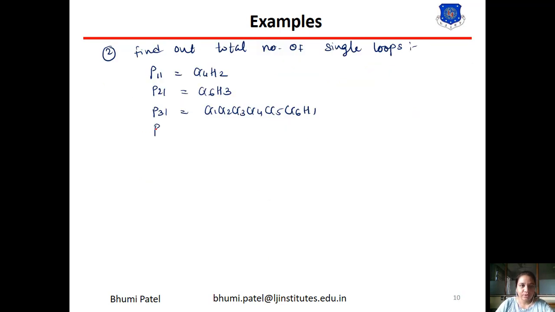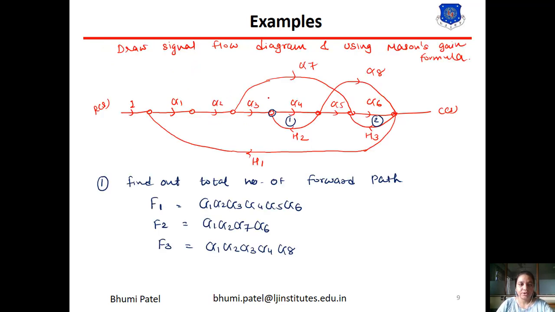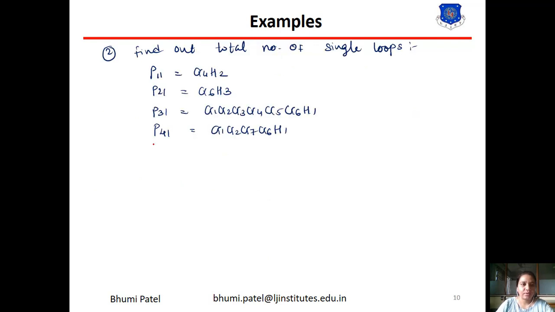So the fourth single loop is P41 equal to G1, G2, G7, G6 and H1. Now the fifth loop, you can see, is G1, G2, G3, G4, G8 and H1. So these are the 5 individual or single loops in this example.